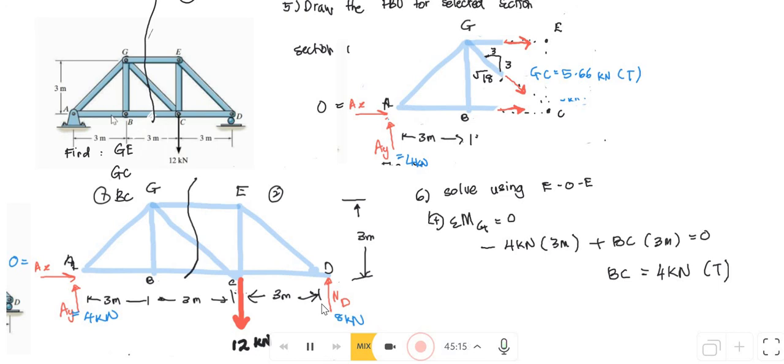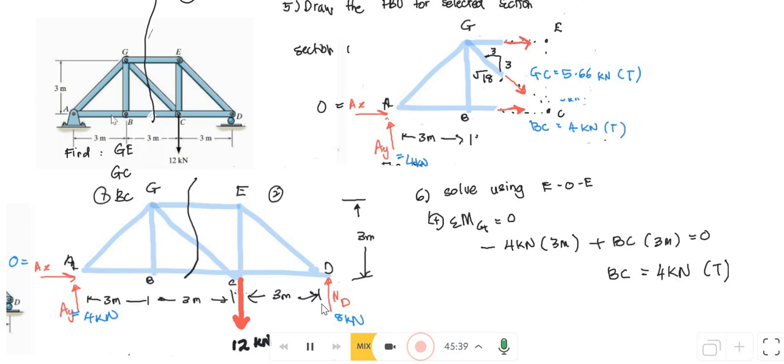What is left? Okay, the only one left is GE. Right, so we put 4 kilonewton in tension for the BC. So BC is 4 kilonewton in tension.